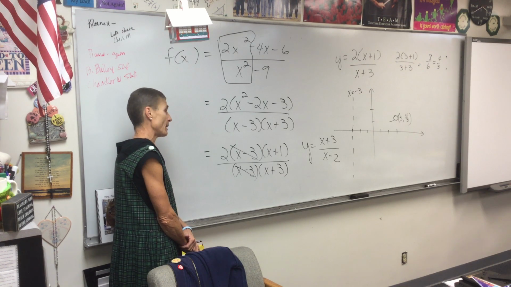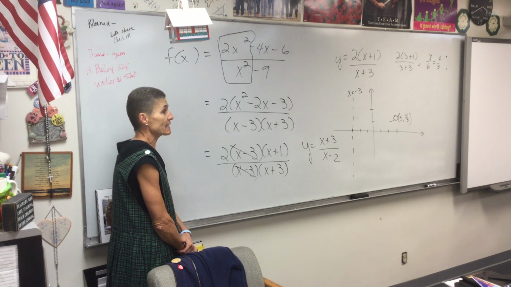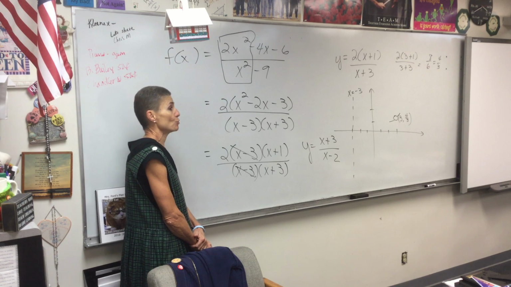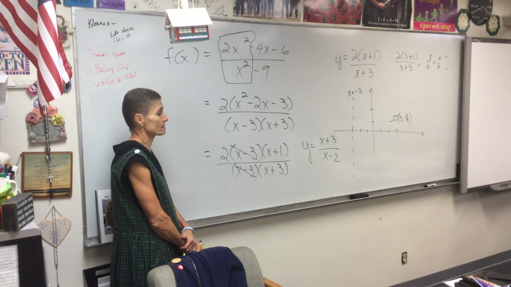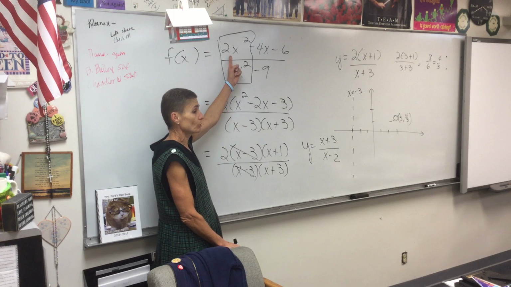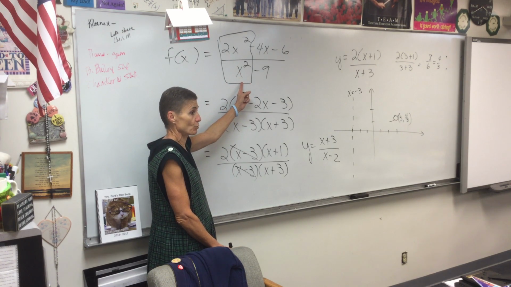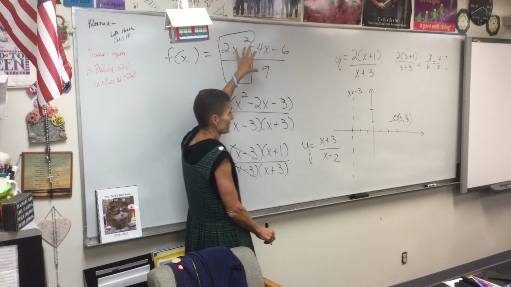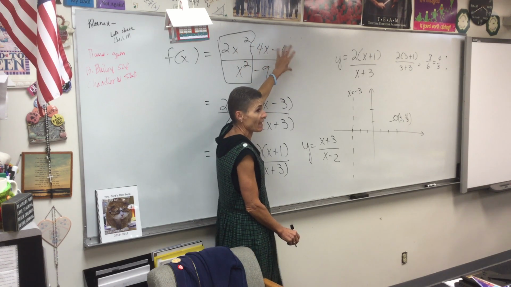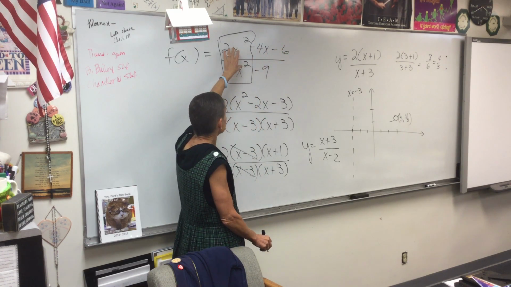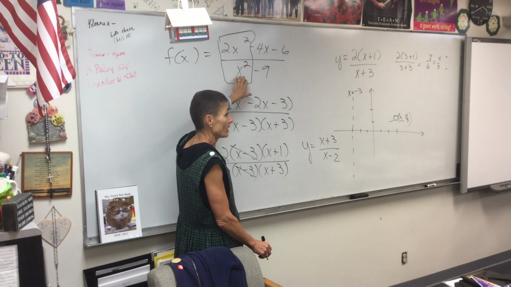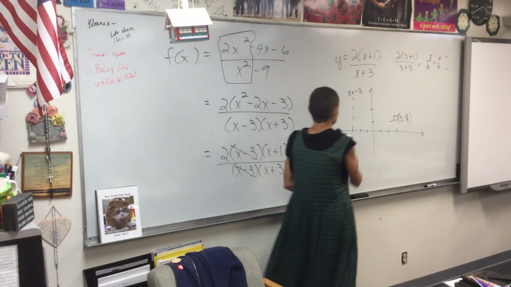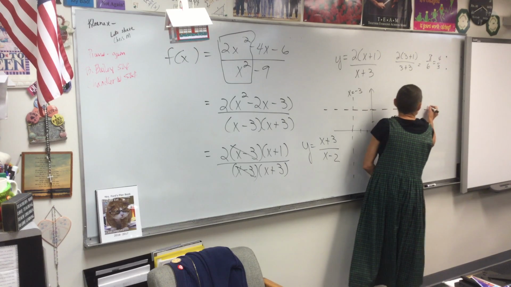If you think about letting x get huge, like trillions, you've got 2 trillion squared over 1 trillion squared. Now, I know you got some other stuff, but if you're talking about a trillion squared, none of this matters. So you've got 2x squared over x squared. Your horizontal asymptote is at y equals 2.